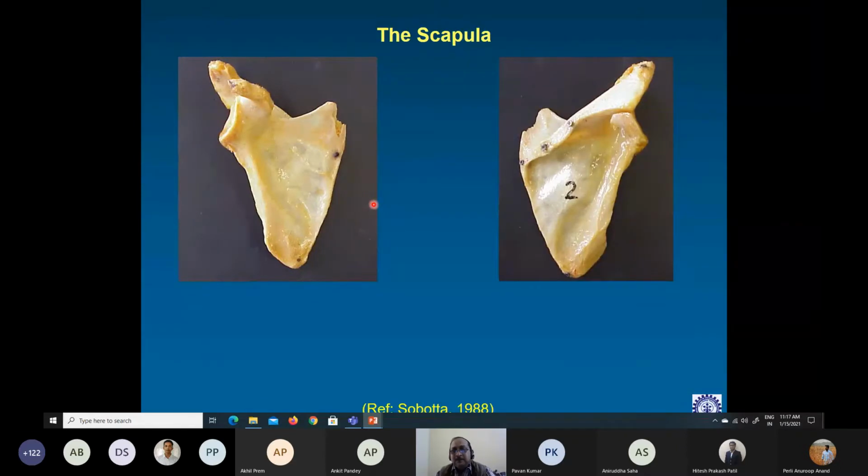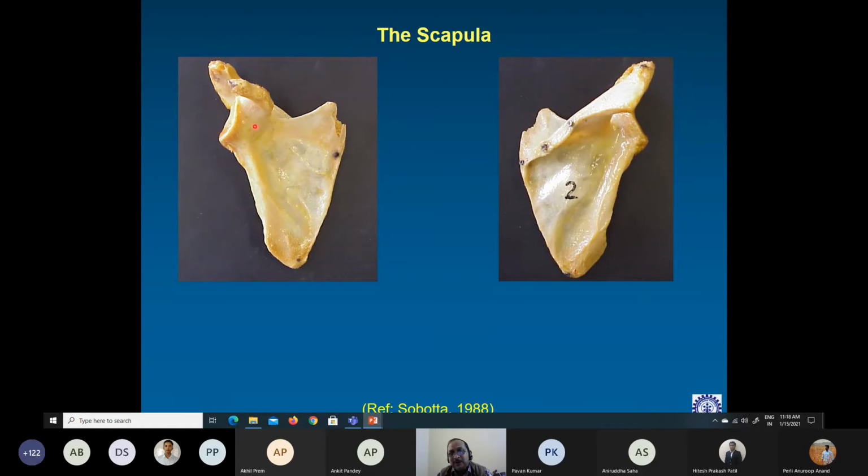The scapula is a very weirdly shaped bone. As you can see, this is the front view of the scapula. It consists of several solid bony ridges, and also very thin laminated structures.